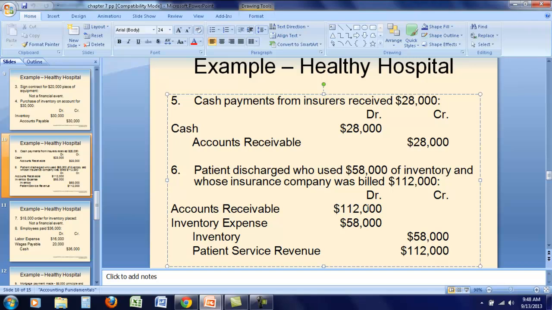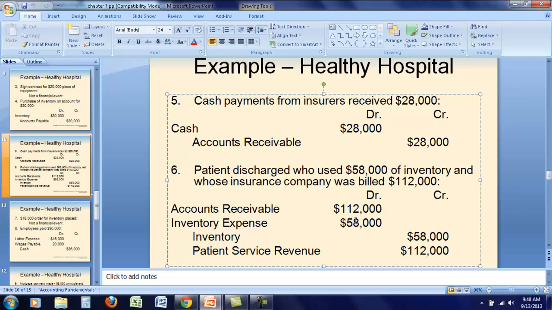into accounts receivable. And then your inventory expense is what you actually used of inventory. So this is an expense account. You're saying, okay, I actually incurred an expense of $58,000 for this. So you debit that. And then you credit your inventory by the same amount, the $58,000, because you used your inventory. So that gauze is gone. That linen has been used.